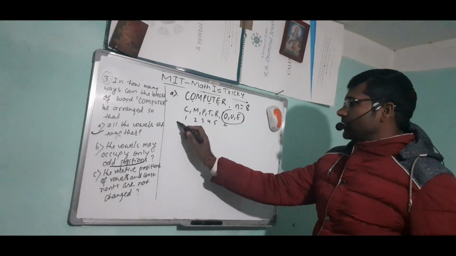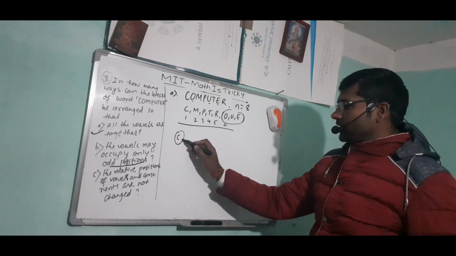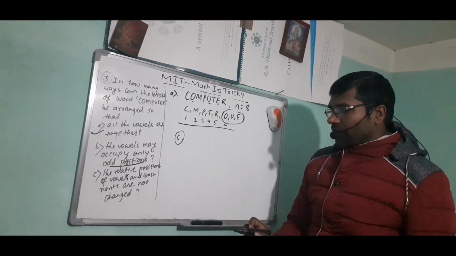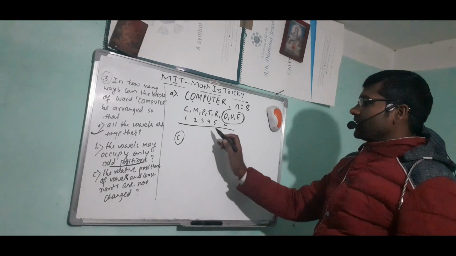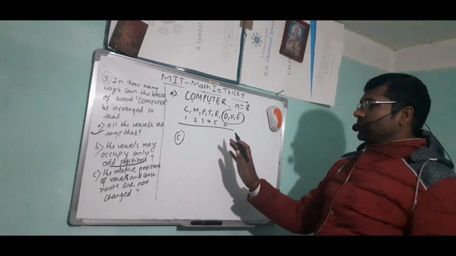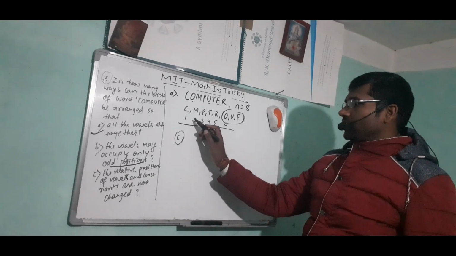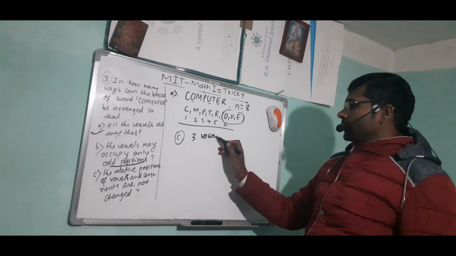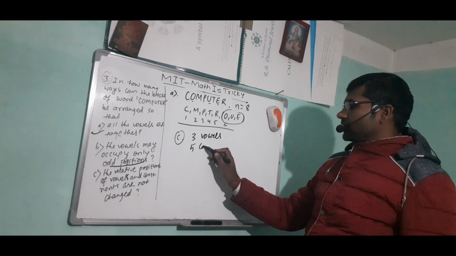Now for the third part, part C: the relative positions of vowels and consonants are not changed. It means their positions are as they are. So we have three vowels and 5 consonants.